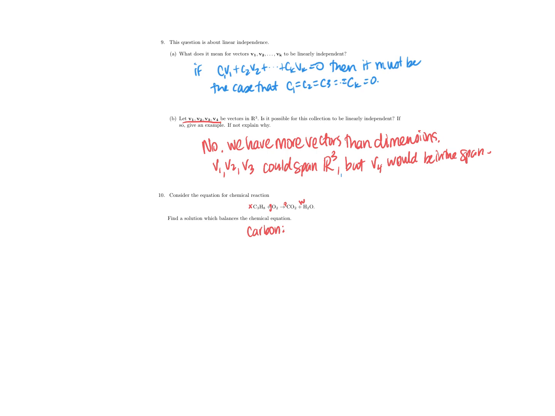We have 3 carbon in that C3H8, so on the left-hand side, we have X of those C3H8s, so that'll be X times 3 carbons, and on the right-hand side, we'll have Z times 1 carbon. Then for hydrogen, we'll have X times 8 hydrogens on the left-hand side, and W times 2 on the right-hand side.